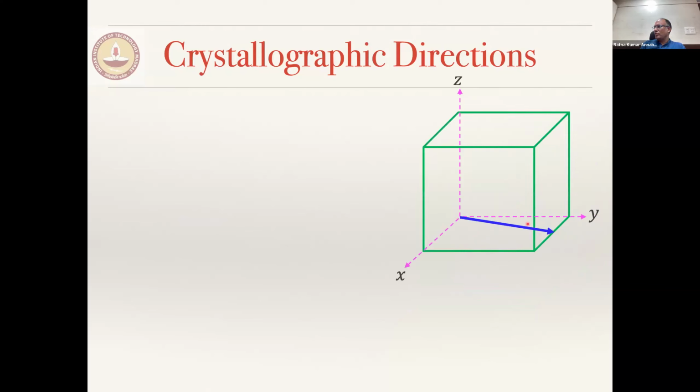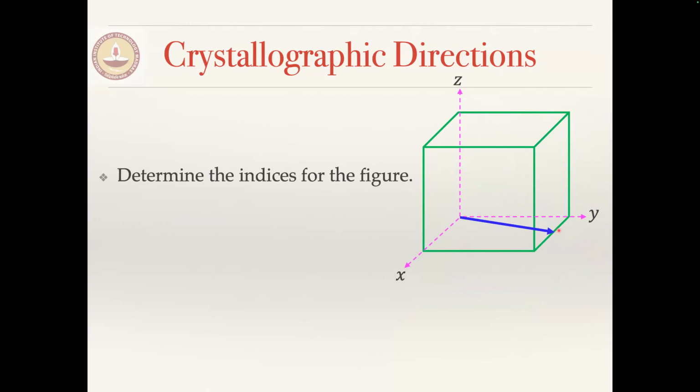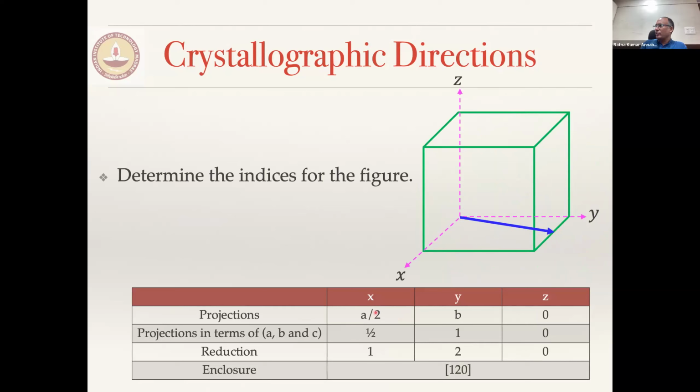If you look at this one, we have written how the Miller indices should be written. For example, what is the x-intercept? It is intersecting x at a by 2, so 1 by 2, a by 2; y is intersected at b, z is 0.